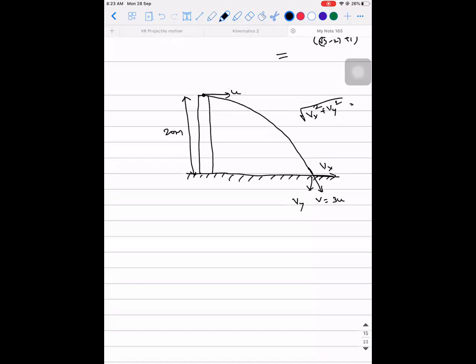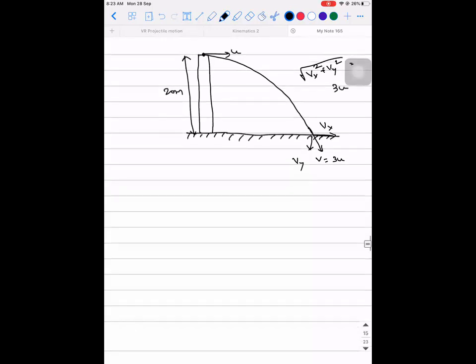So what is the value of root of Vx square plus Vy square? It is 3u. That's right. So our work is only to find what is the value of Vx and Vy. Find it out. So how to do?